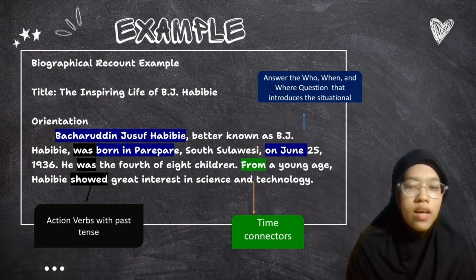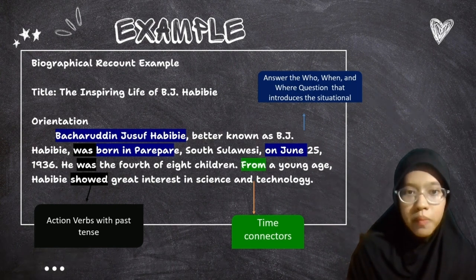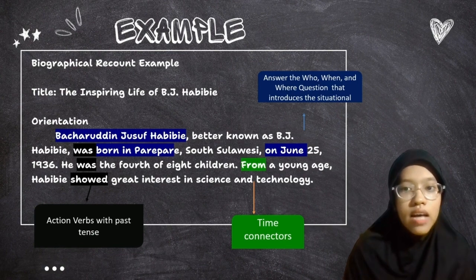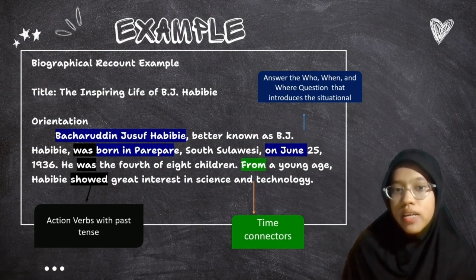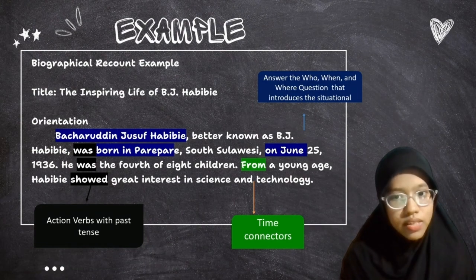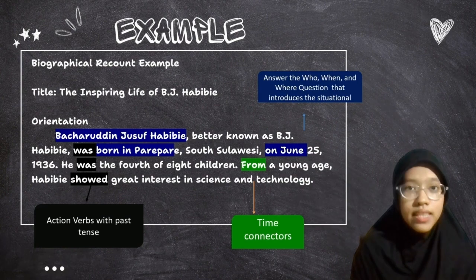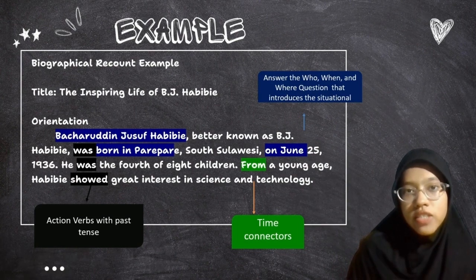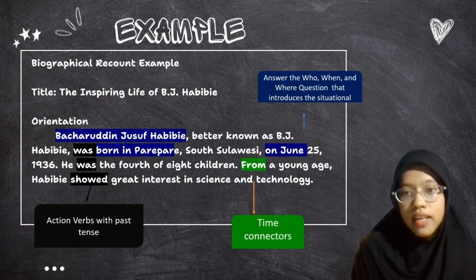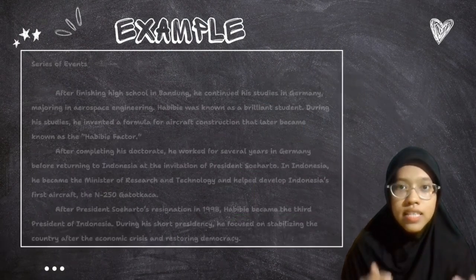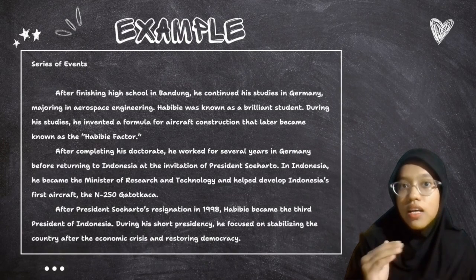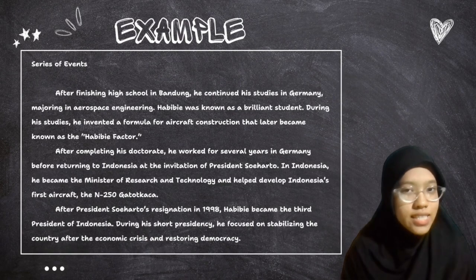So, as we can see, this is the orientation part, because it answers the questions: who is Bacharuddin Habibie, when was B.J. Habibie born, and where was B.J. Habibie born. And look at the black highlight, which includes the action verbs in the past tense, and the green highlight is using time connectors, which are key features of the recount text.